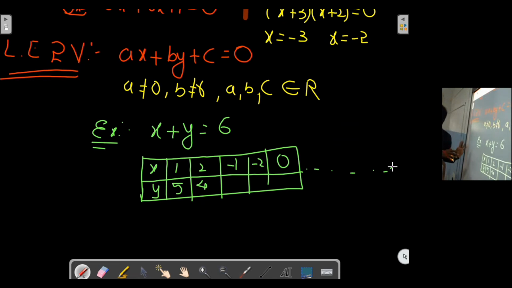Therefore, how many solutions exist? Infinite number of solutions for a linear equation in two variables. But in 10th standard, this year, for linear equation in two variables, we are going to take one more. Now, this is single.